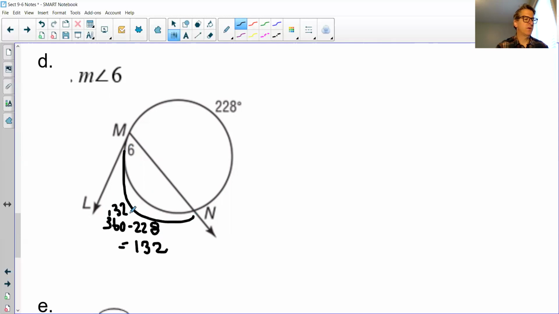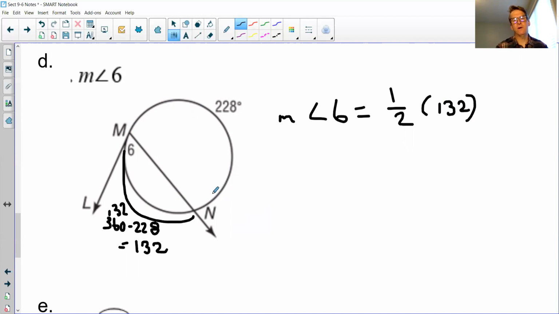Since that's 132, the measure of angle 6 will equal 1/2 of 132. If this was given to you as 228, we subtracted from 360 to get 132, and now we multiply that by 1/2 to get angle 6. And that's 66 degrees.